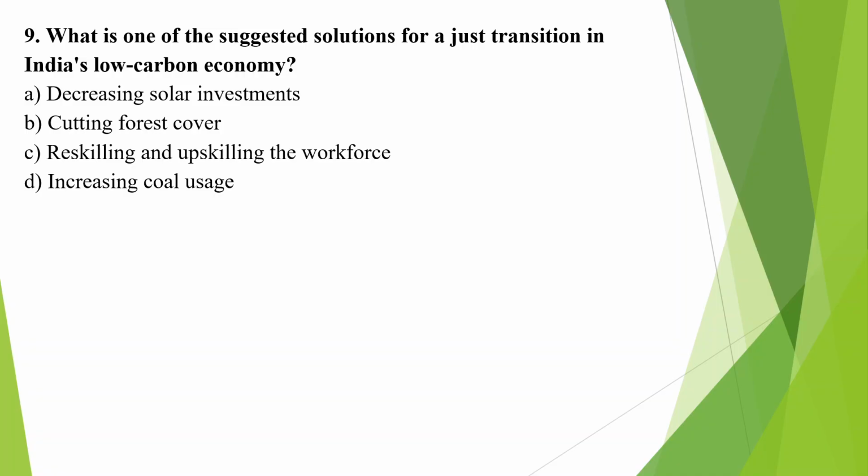It is not increasing solar investment, it is decreasing solar investment. So whether it will be going towards a high carbon economy or a low carbon economy, based on your understanding, try to give your final answer.